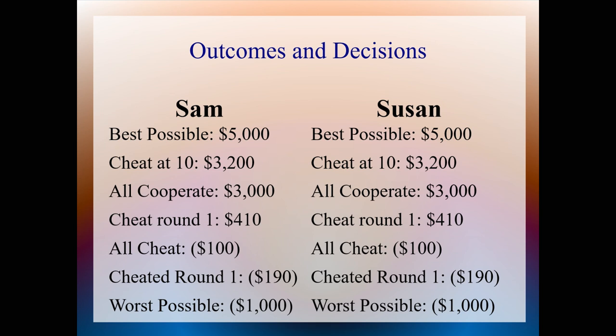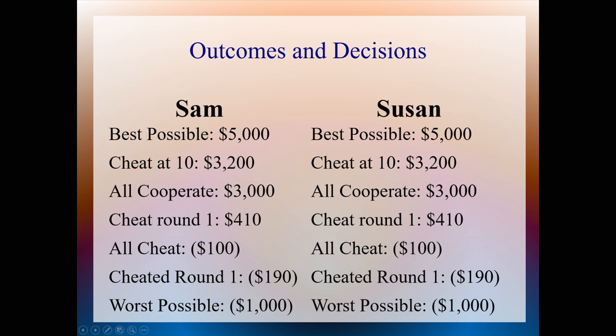So let's look at these options. The best possible outcome that you could have involves you cheating every turn. The second best of these that we've looked at involves you waiting till the very end to cheat. The third best option is that everybody cooperates. The fourth best option is that you start cheating from round one and the other person cooperates, so you get one over on them from the beginning.